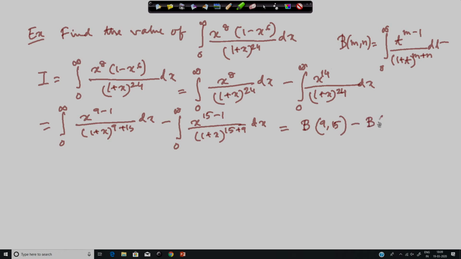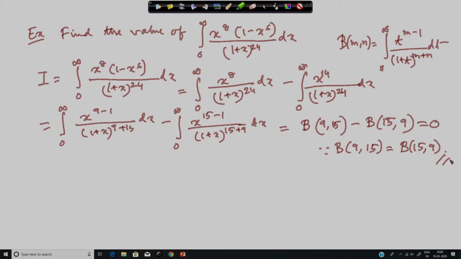It is beta 15, 9. But you know that beta m n equals beta n m. So, this is 0, since beta 9, 15 is the same as beta 15, 9. Okay. So, this is one.